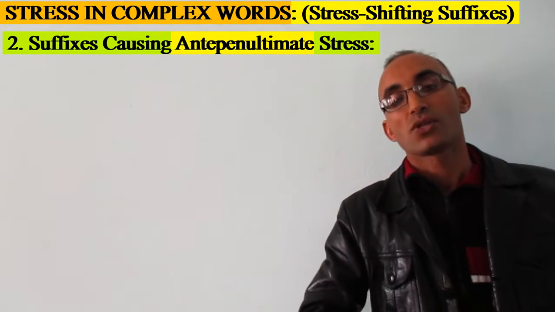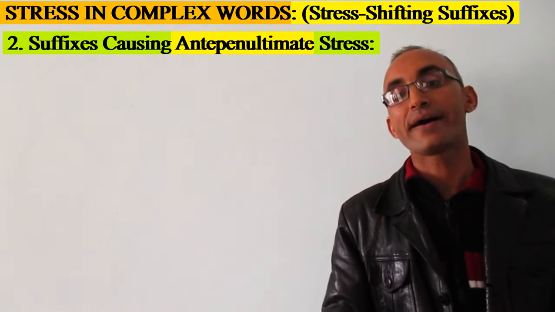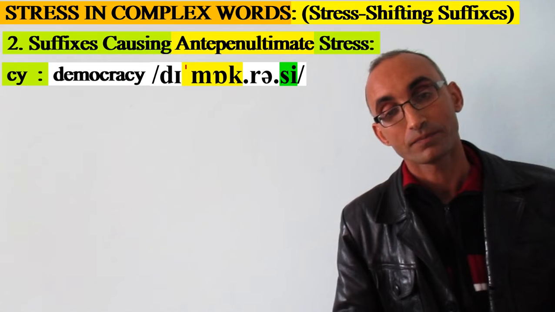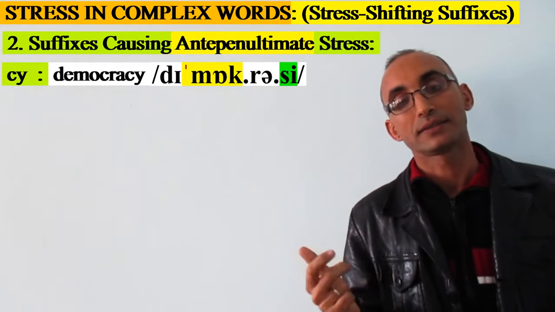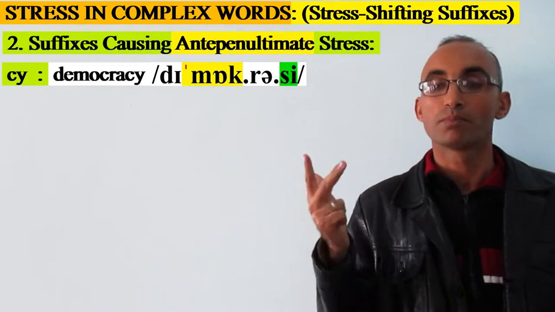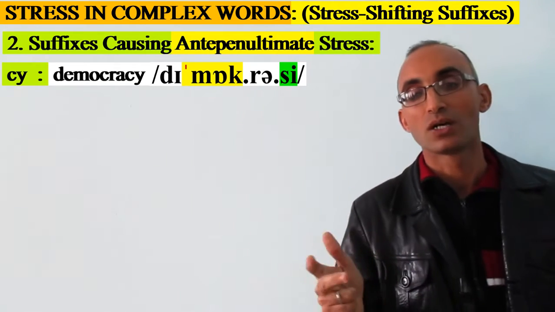Here we have, for example, the ending cy, like democracy. So democracy, C, the first one, cra, not mo, is stressed here. Anti-penultimate, the third one to the end.